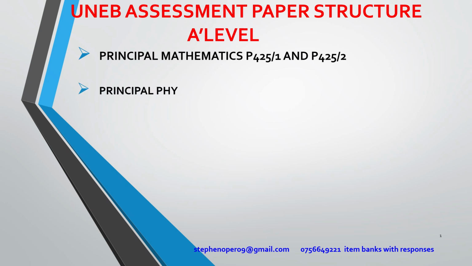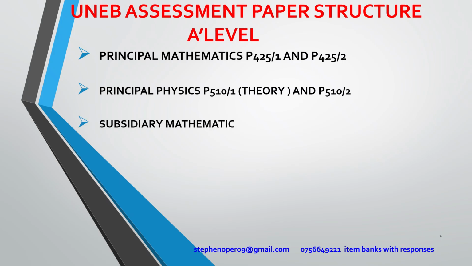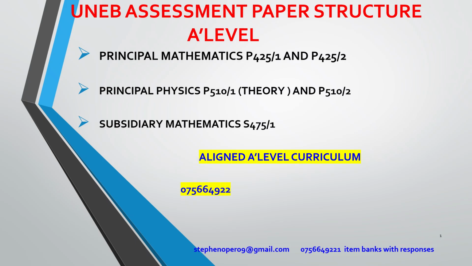We shall have principal physics, paper 1 theory and paper 2 practical. Then the subsidiary mathematics, that is only one paper. So that will be for the aligned A-level curriculum covering senior 5 and 6.